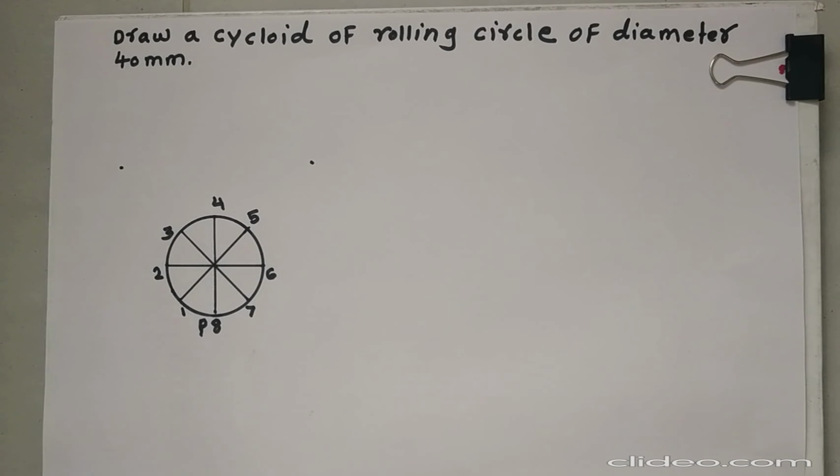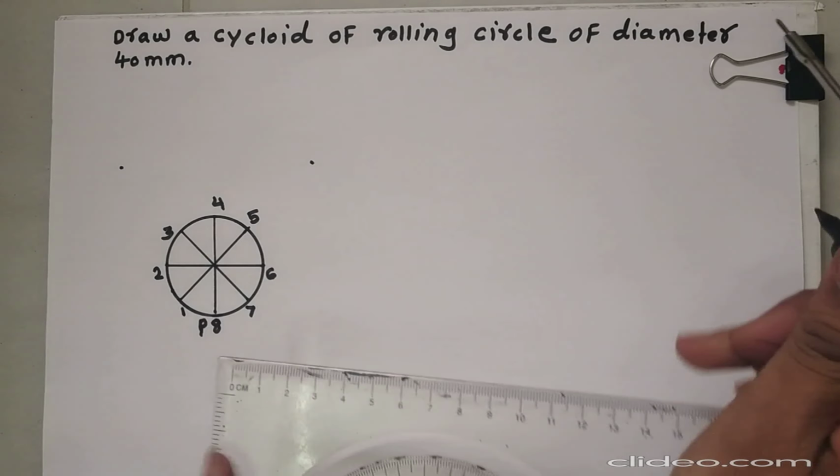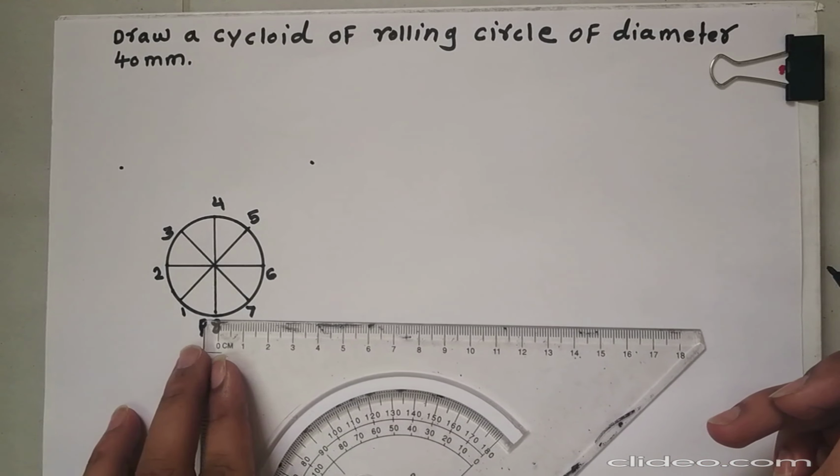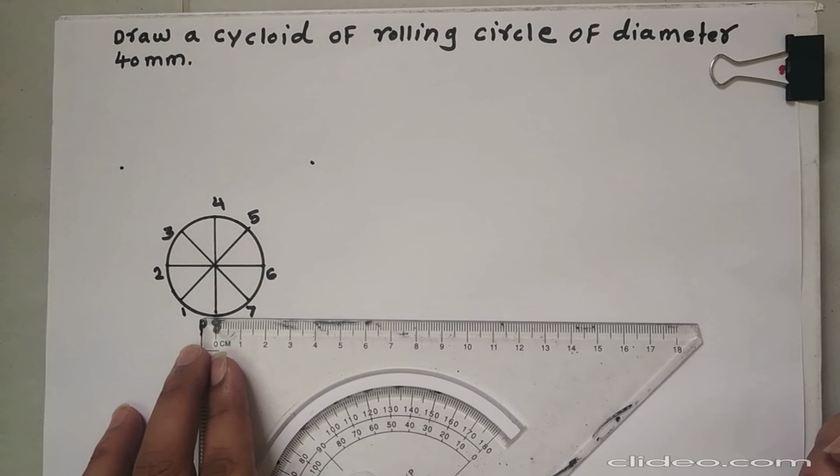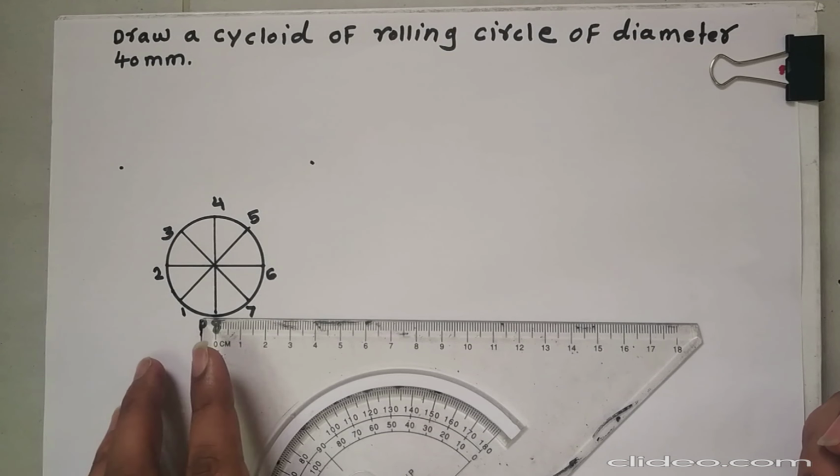Next we need to mark the directing line, which passes through point 8 or P, like this. But we need to calculate the length of this directing line. How can that be calculated? It is equal to pi d. Pi into 40 mm, because the diameter is given as 40 mm.